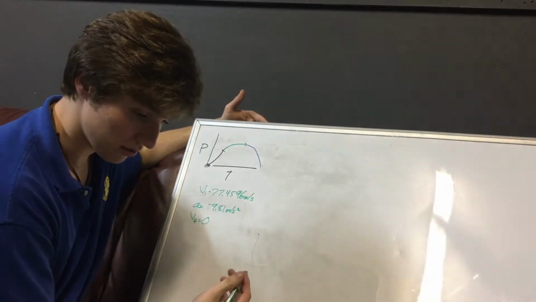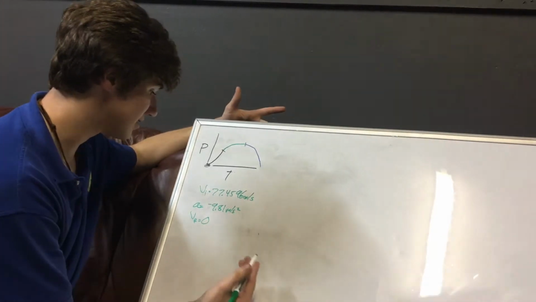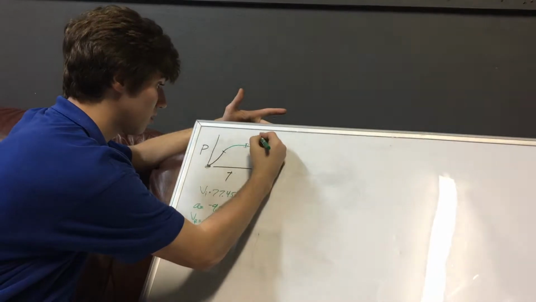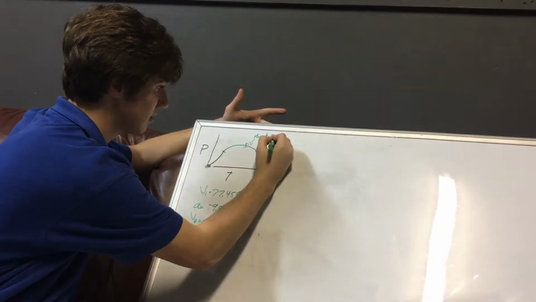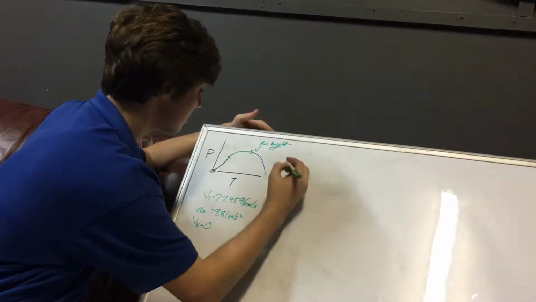So we can use the formula for finding distance, do the same thing we did before, but find the maximum height right up here. Let's just do it right now.